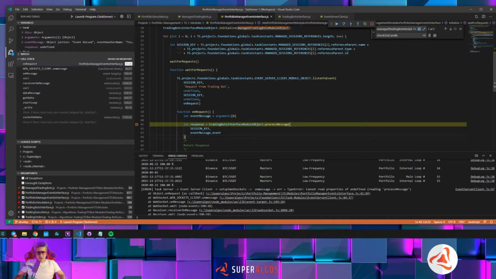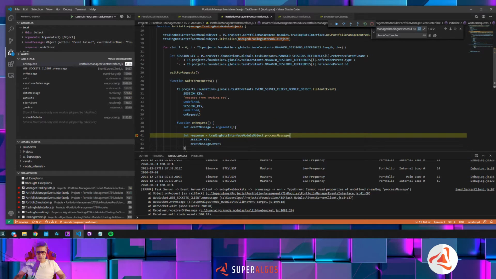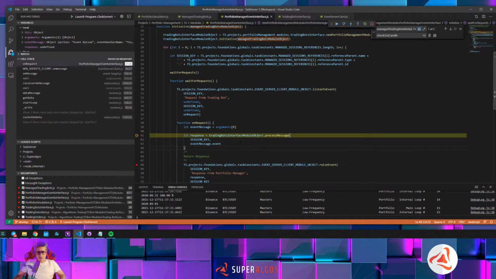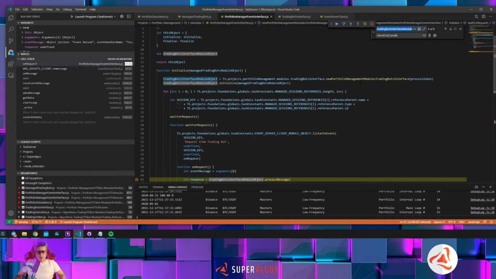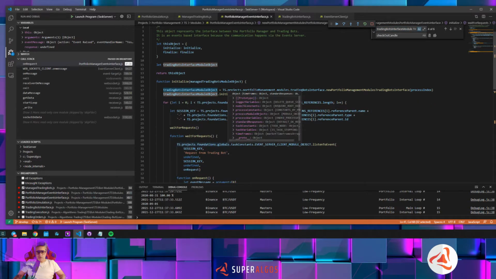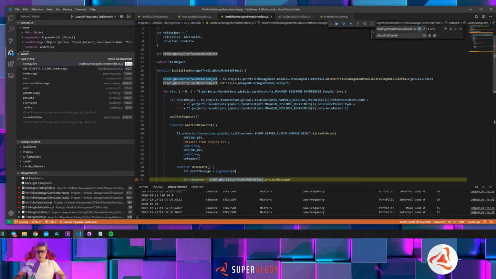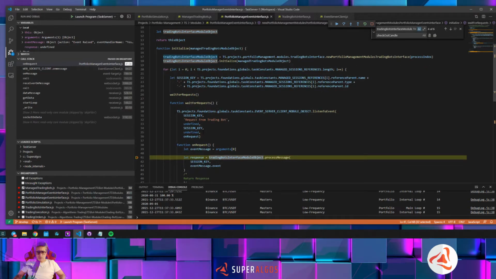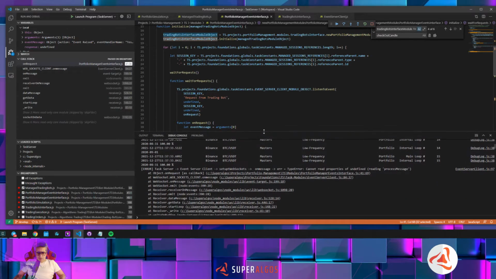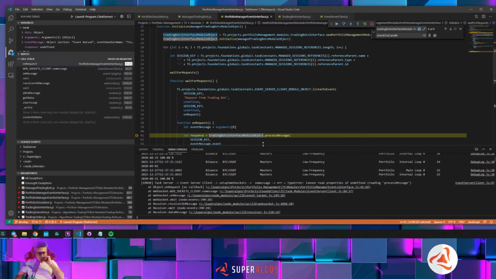Why this is undefined? It was working before. Okay.